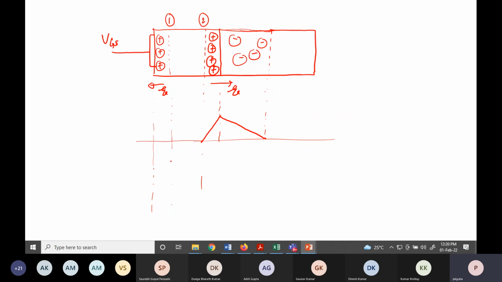What about the electric field here? It will be something like this. So this is, say, point number 1, and this is point number 2. Now this is the electric field when there is no applied voltage.